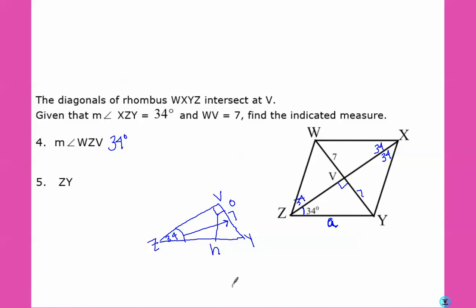And that's our adjacent, but that's not a big deal. If we know our opposite and we're looking for hypotenuse, O and H, that's sine. So sine 34 would equal 7 over the hypotenuse. So the hypotenuse would equal 7 over sine 34. If we type that in our calculator, we get that ZY is equal to 12.5 approximately.